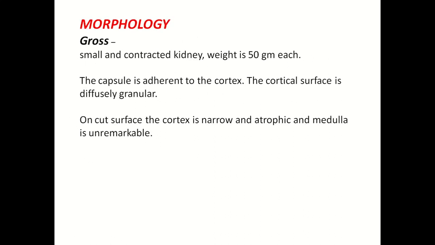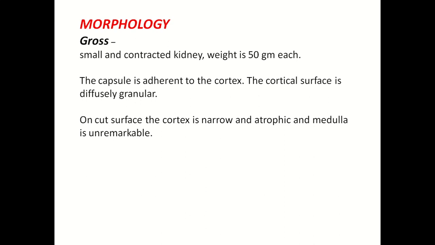If we talk about the morphology, please remember to compare with chronic pyelonephritis, in which there is asymmetrical reduction of the kidney, while here there is symmetrical reduction of both kidneys. It is a cause of small contracted kidney, with a weight of 50 grams each, but here there is symmetrical contraction, while in chronic pyelonephritis it is asymmetrical.